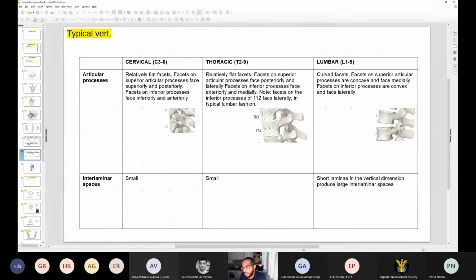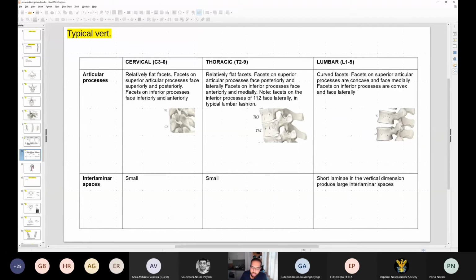So this is facing medially, and also they are concave because this is a curved facet. Remember, this is a flat facet and this is a flat facet. So one of them must be concave and one of them must be convex. So the superior articular process is concave and facing medially, and the inferior articular process is convex and facing laterally.